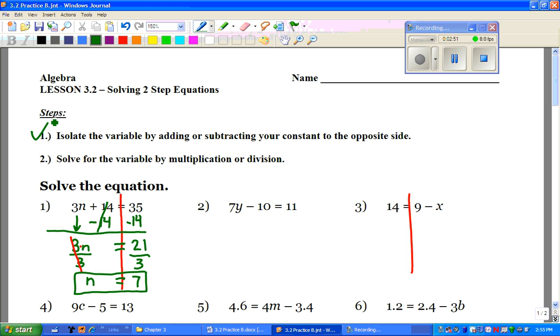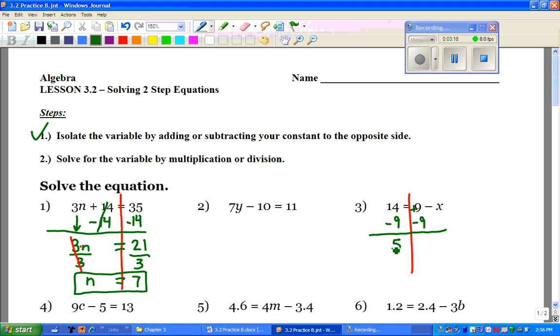So, step one. Isolate the variable by adding or subtracting your constant to the opposite side. On this right-hand side, the constant that is with your negative x is a positive 9. So we're going to do the opposite. We're going to subtract 9 here and subtract 9 here. 14 minus 9 would give me 5.